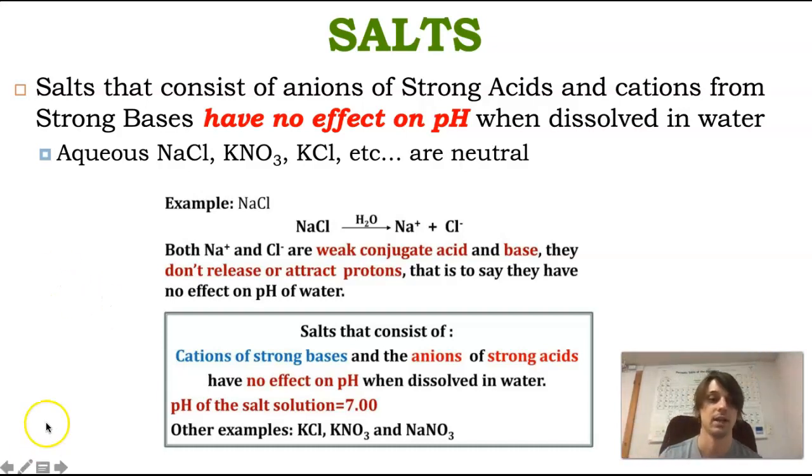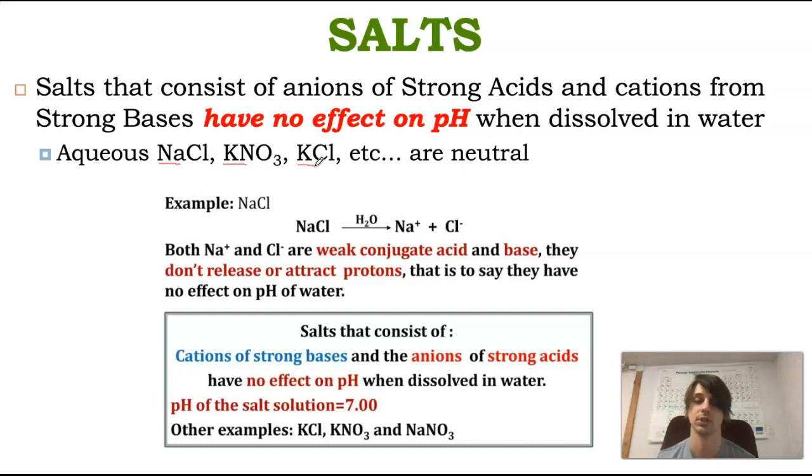Because typically, again, I look at the cation to determine if it's a strong base. I look at the anion to determine if it's a strong acid. All my strong acids start with H, okay? So anyway, if I have the anion of a strong acid or the cation of a strong base, it has no effect on the pH. Because it's such a weak conjugate, it does nothing.